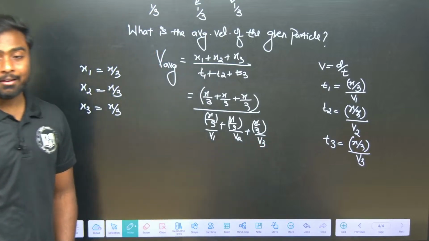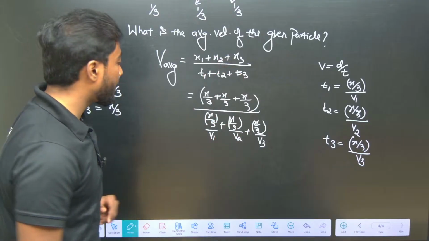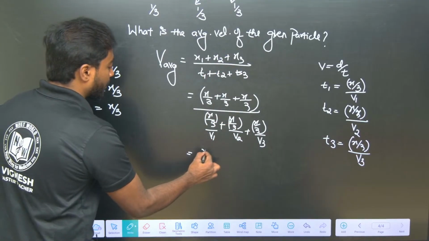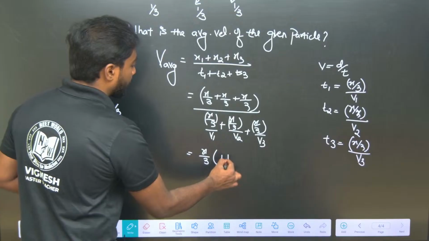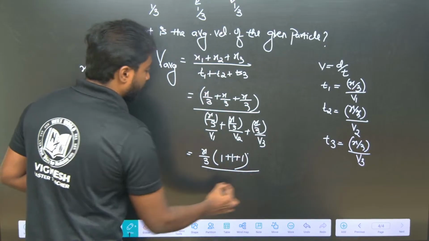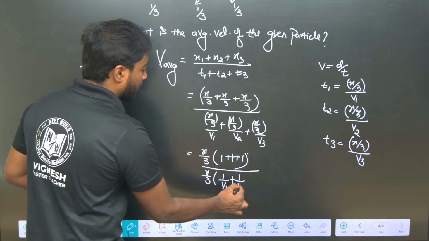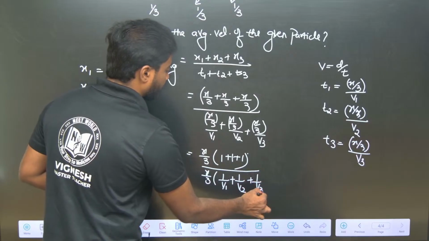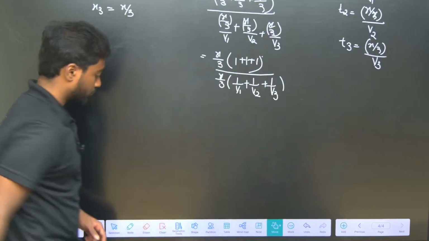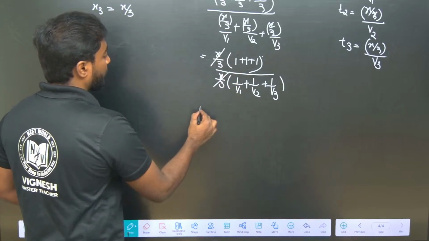Let me take x by 3 common outside from numerator and denominator. So 1 plus 1 plus 1, divided by 1 by v1 plus 1 by v2 plus 1 by v3. So x by 3 is cancelled out.